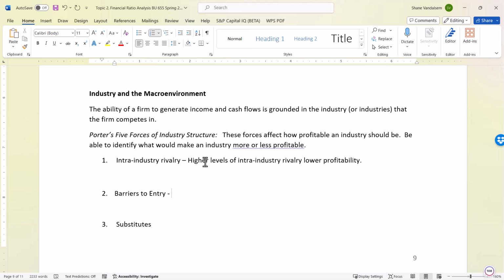I mentioned this before with the market-to-book ratio. Industries with higher barriers to entry generally have higher profitability firms within them. So high barriers to entry result in higher levels of profitability.